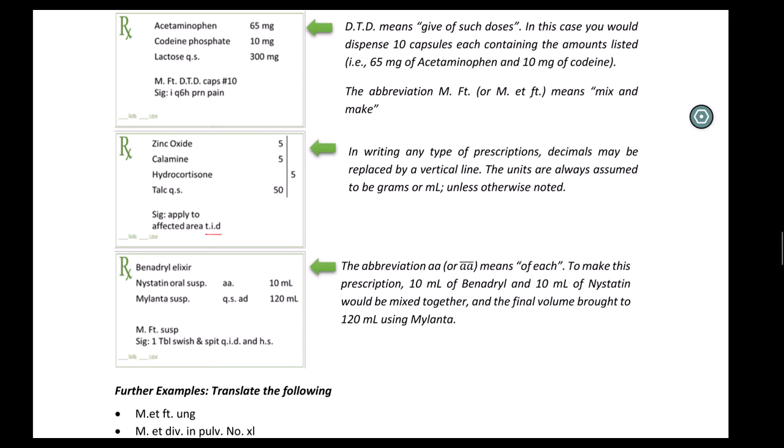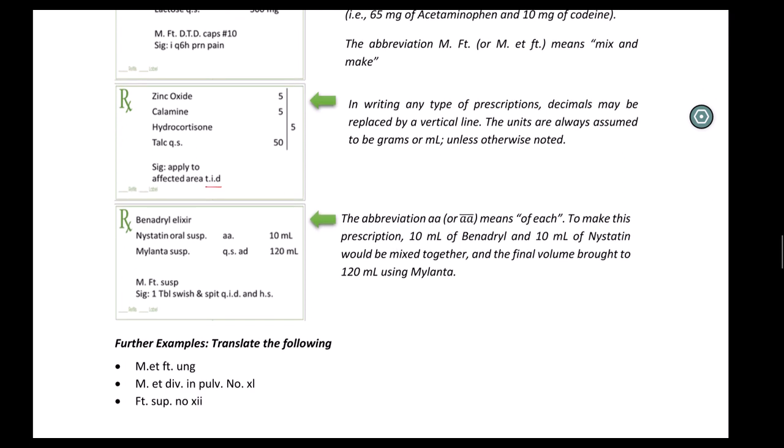The last type of abbreviation that you may see in some compounded prescriptions is the abbreviation AA. It might be by itself, or it might be AA with a line over it, and that means of each. If you see it in a prescription, for example, this says Benadryl elixir, which is the liquid form of Benadryl, and then it gives nothing here. There's nothing here, right? But then it goes to the next ingredient.